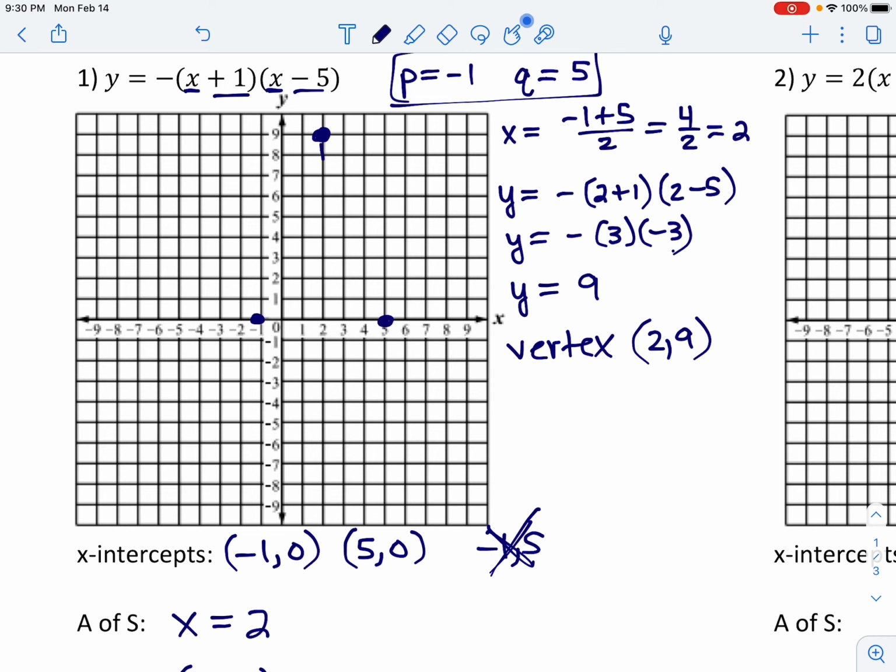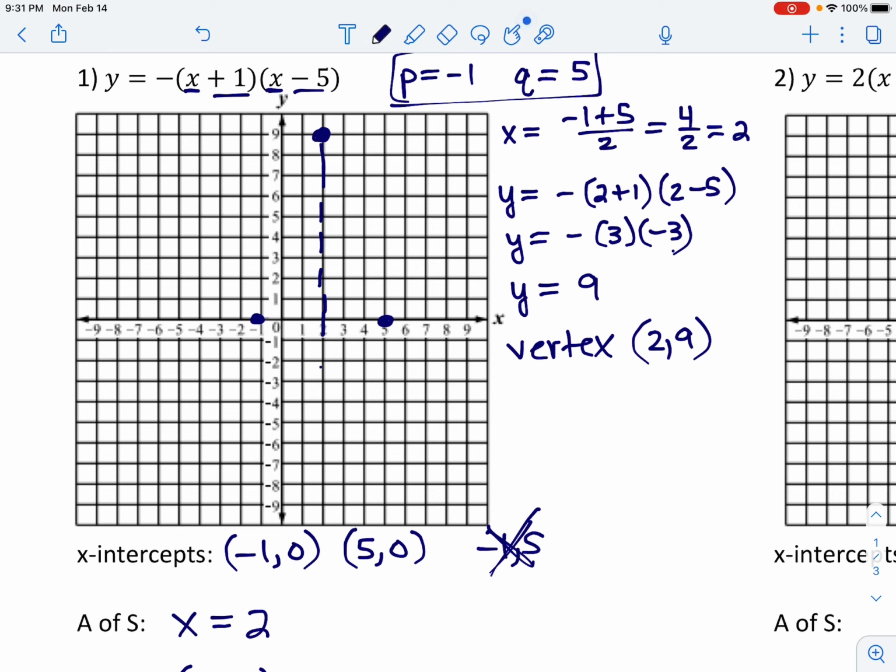Remember, my axis of symmetry goes down through the middle right here. Does it cut that directly in half? Are the x-intercepts equal distance from the vertex? So this right here is 3 units away. This is also 3 units away, so it does cut it directly in half, and we know we are good.